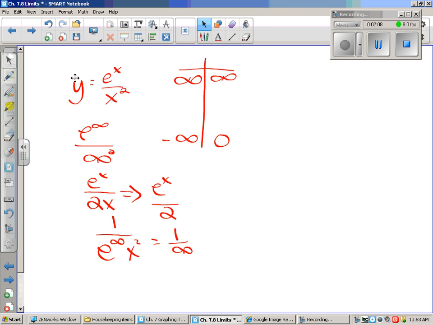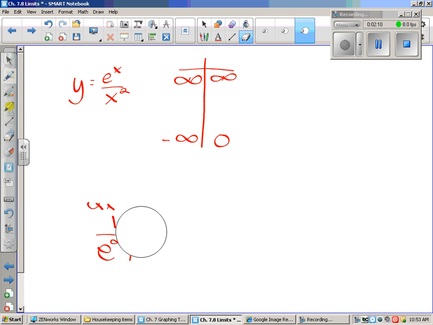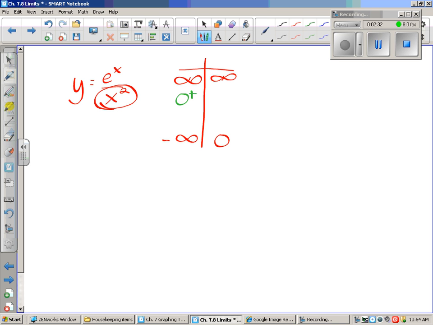Now, to move forward in this particular graph, and we did one very similar to this on the boards on Monday, one of the things you want to recognize is that you have an x squared in the denominator, which means there is a value that's going to make this undefined. And what is that value? You want to evaluate 0 plus and 0 minus.